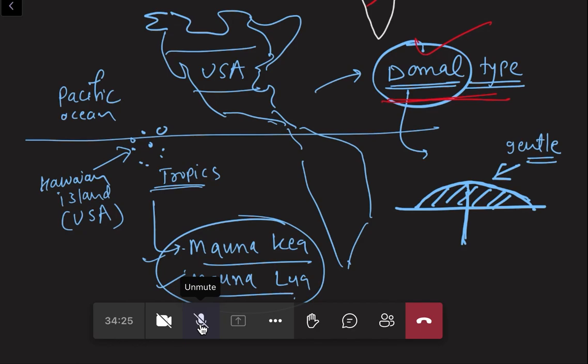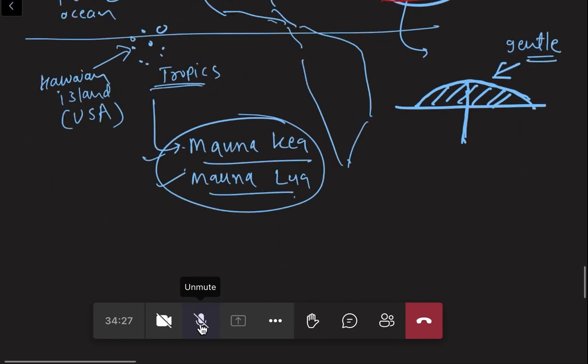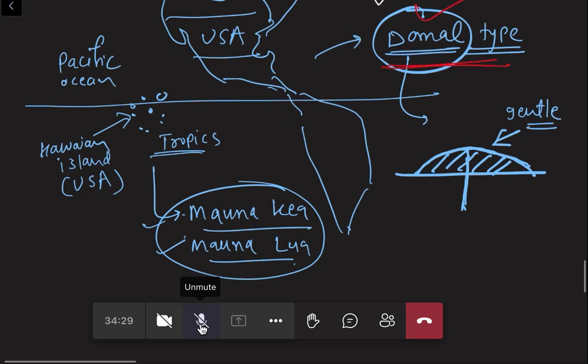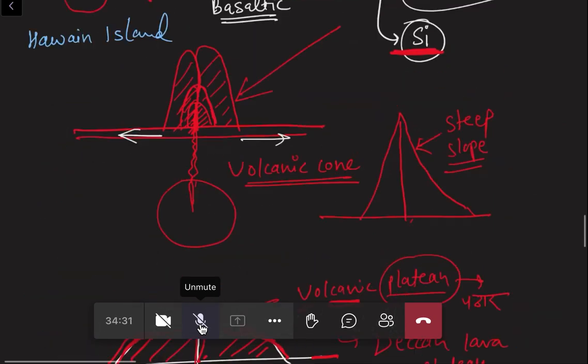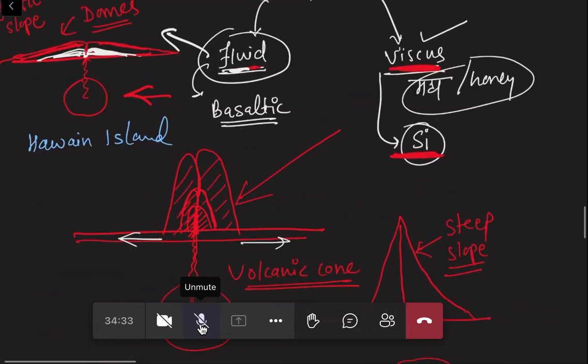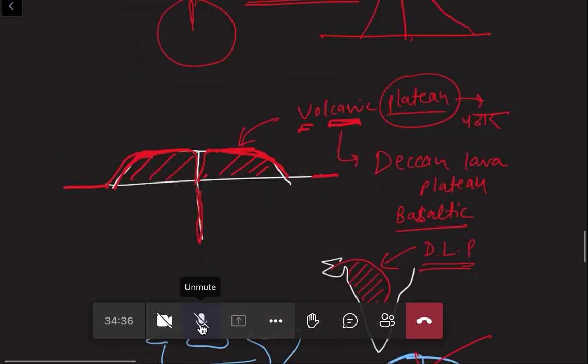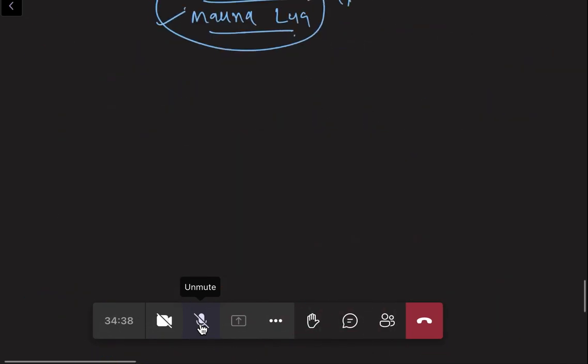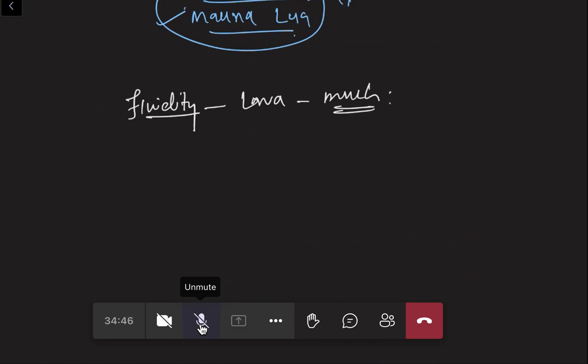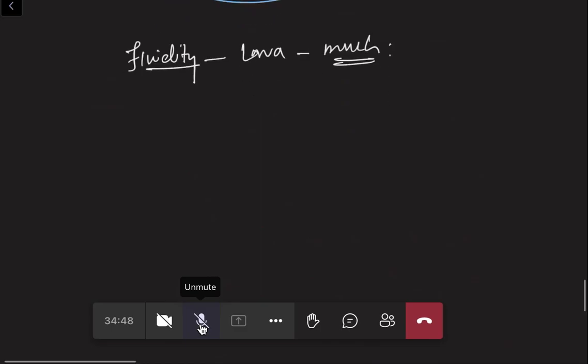Now, if fluid lava comes, as I told you, you will get these domes. But suppose the fluidity of the lava is much more, then what will happen? This will give rise to plain plateaus.